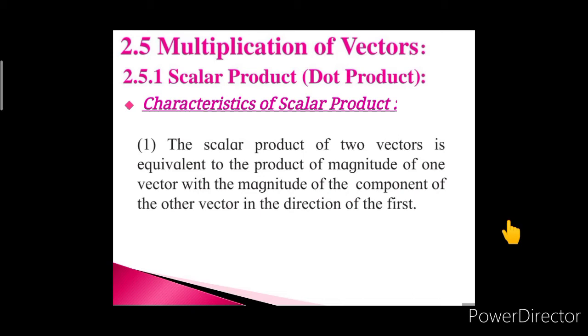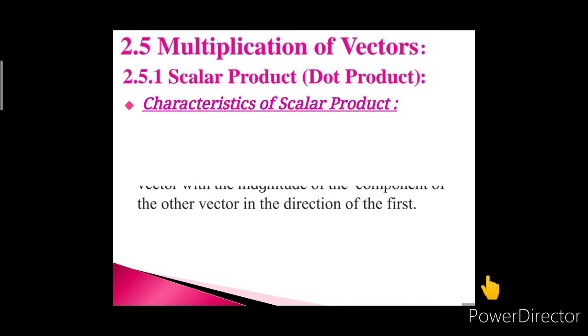So the scalar product of the two vectors is equal to the product of the magnitude of one vector, and the magnitude of the component of the other vector which is in the direction of the first.